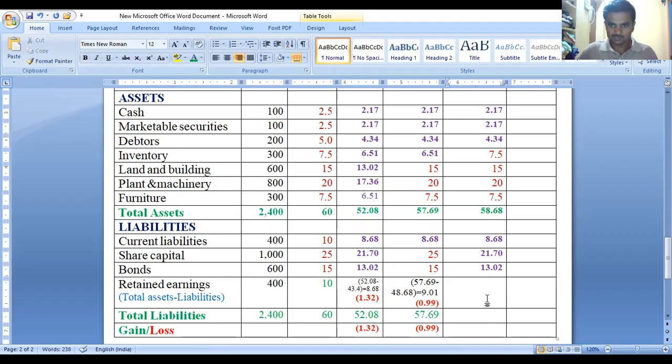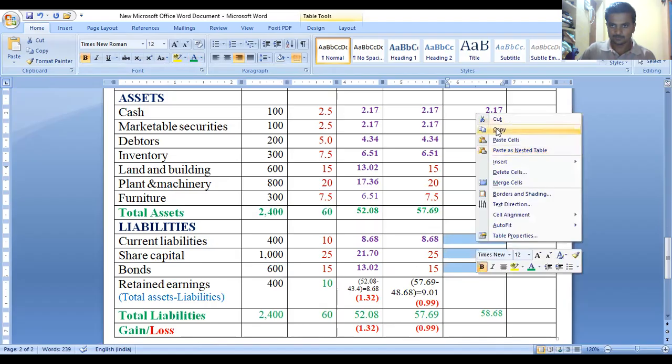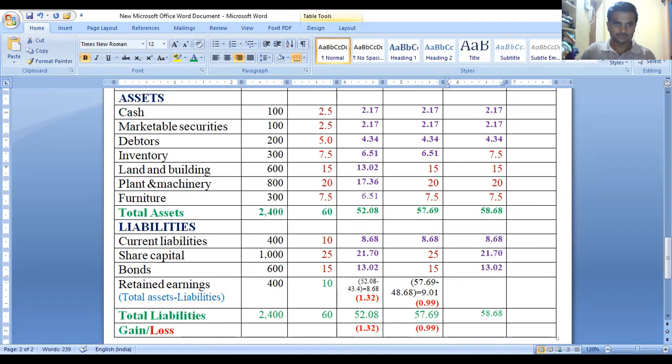So this also comes the same, 58.68. Now we need to find out the retained earnings, whether it is a profit or loss. So total assets, how much does it come to? 43.4. 58.68 minus 43.4.